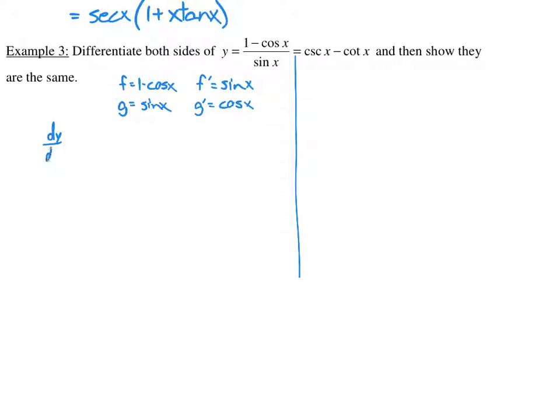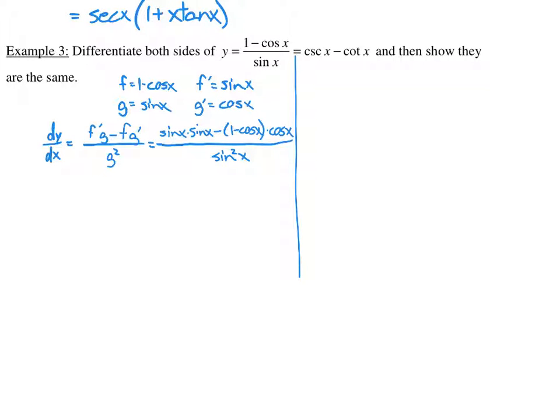So let's use our quotient rule now. dy dx is f prime g minus f g prime all over g squared. So f prime is sine times g, which is sine, minus f, which is 1 minus cosine, times g prime, which is cosine, all over sine squared, the g squared.